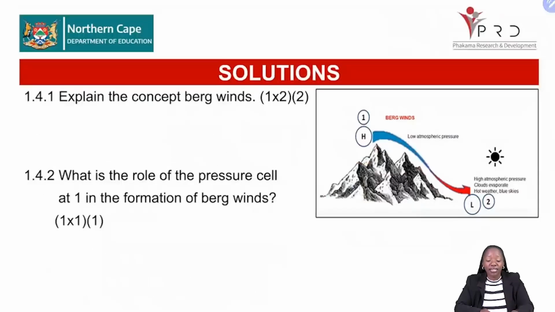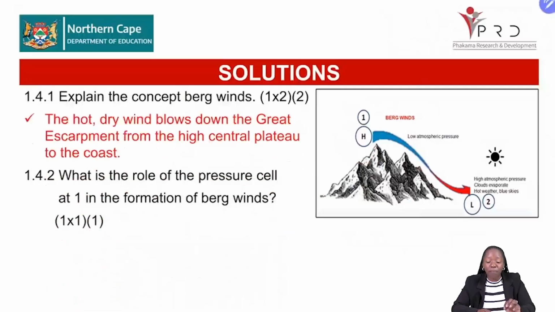Right? Girls and boys, I hope we are all done. Don't forget to mark as we are doing the corrections. So your 1.4.1, you explain the concept berg winds. Remember the berg winds, these are the winds that we said are hot as well as dry.